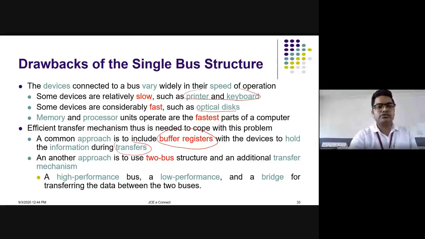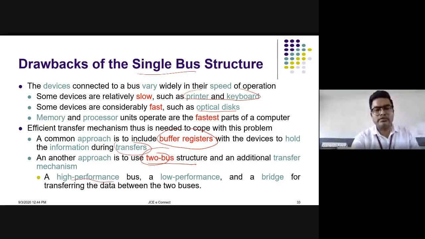Another approach, instead of the buffer register, is a two bus structure. Here we are seeing a single bus, but there can be a two bus structure with an additional transfer mechanism. What are the two buses?